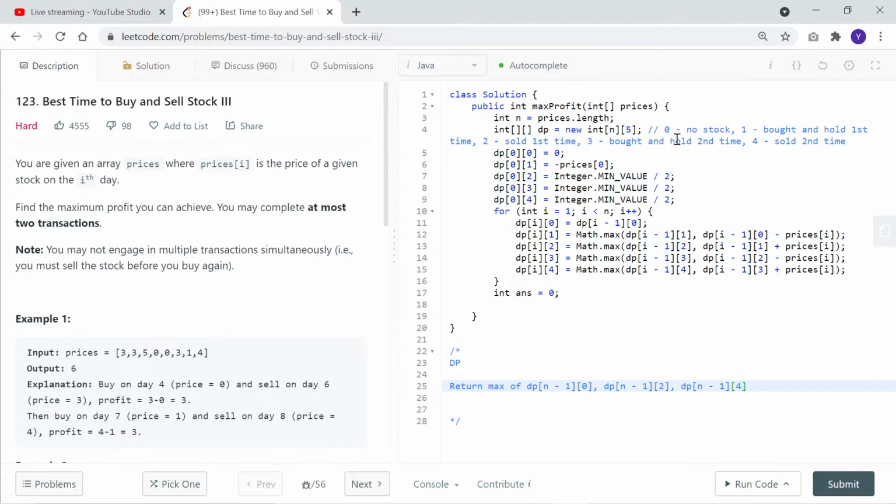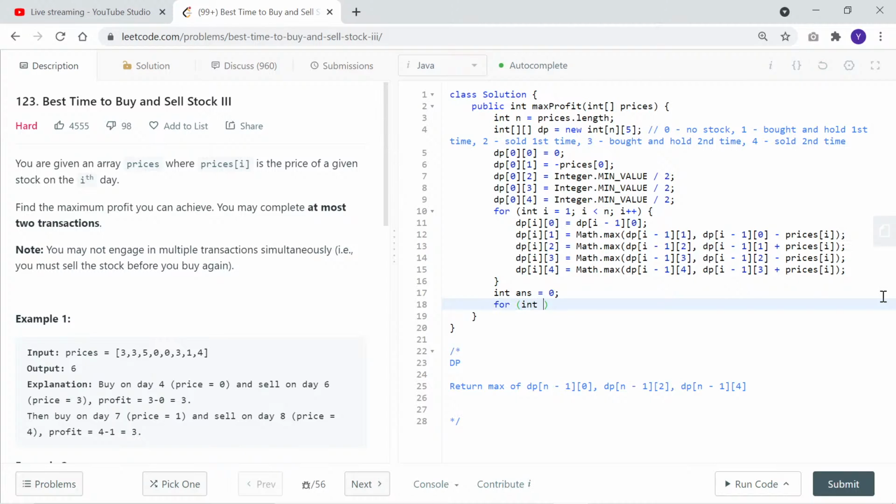We can only have 0, 2, and 4 on the last day to get the max profit, because if we have stock, we should sell the stock on the last day to maximize the profit that we have.